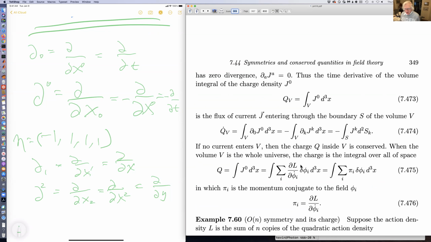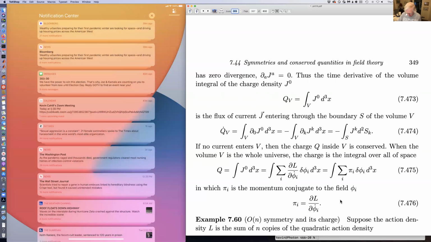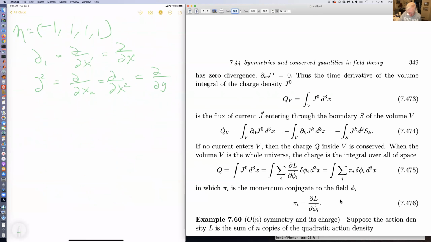This derivative here occurs a lot in field theory, and we call it the momentum conjugate of the field. Just as in ordinary mechanics, if you took the derivative of the Lagrangian with respect to the time derivative of the ith coordinate, that would give you the ith momentum. Maybe I should remind you of that.